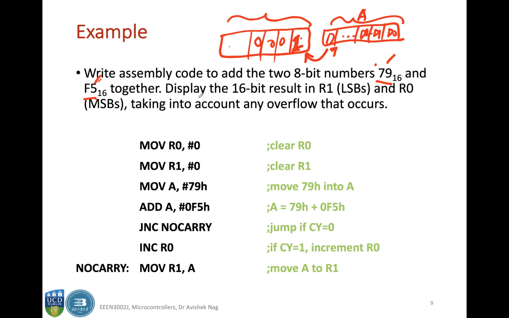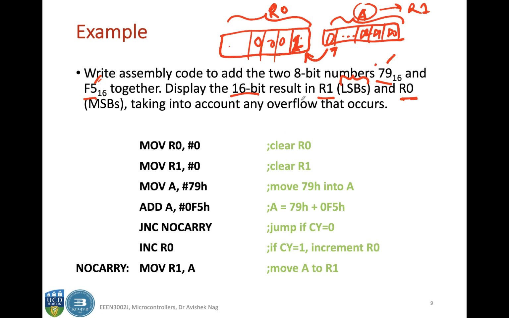So display the 16-bit result in R1 and R0. R1 will contain your LSB, so this will be moved to R1, and R0, which holds the MSBs, will be here. Taking into account any overflow that occurs.